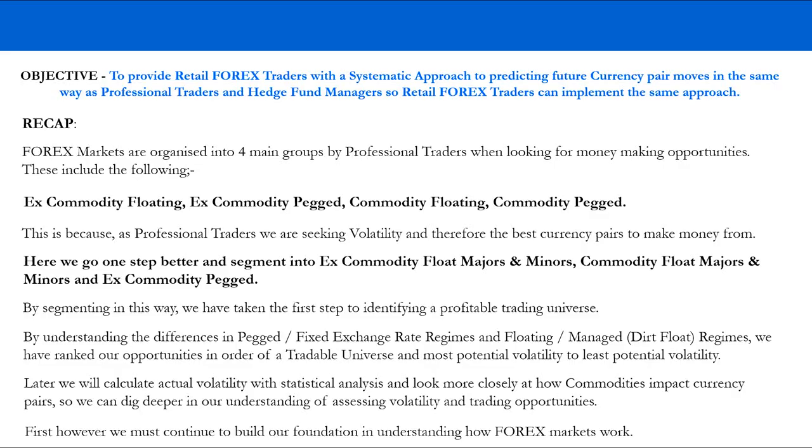So by segmenting this way, we've taken the first step to identifying our profitable trading universe. So what we mean by that is being consistently profitable over the typical trading time horizons.